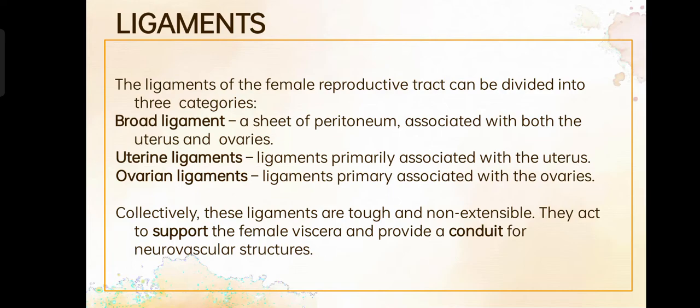Ang function sa broad ligament is to hold the uterus in its normal position sa pelvis and para ma-maintain ang connection ni fallopian tubes to ovaries and the uterus. Strong jud.